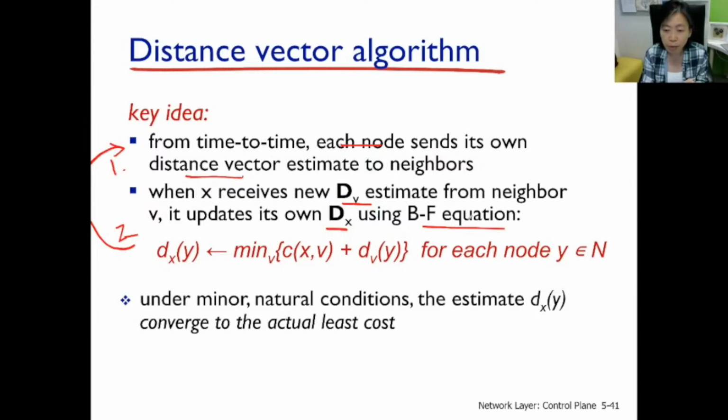That is the general idea of the distance vector routing algorithm. Now this is the Bellman-Ford equation. Note that when x receives all these D_v's from the neighbors, D_x is not just one value to one particular destination.